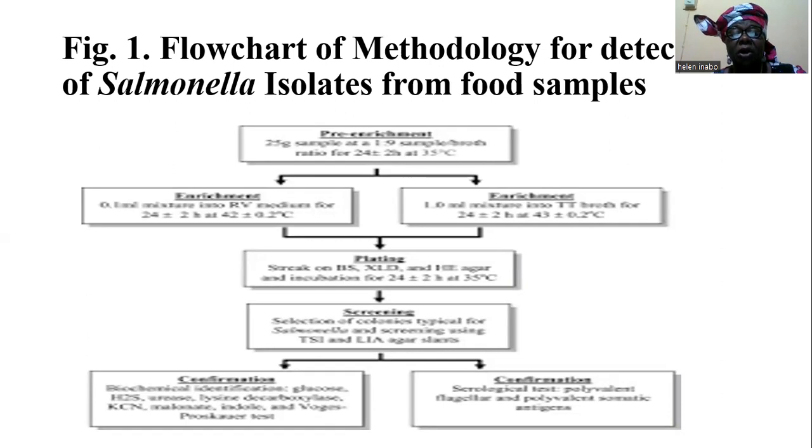Further screening can be done using triple sugar iron agar and lysine decarboxylase agar slants. Confirmation is done by carrying out serological tests and other biochemical tests. That's for food samples.